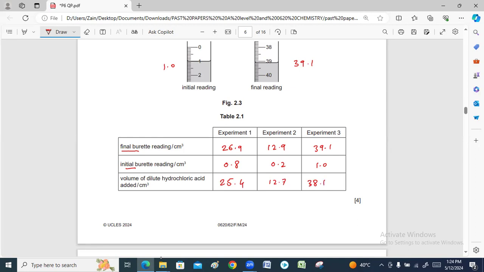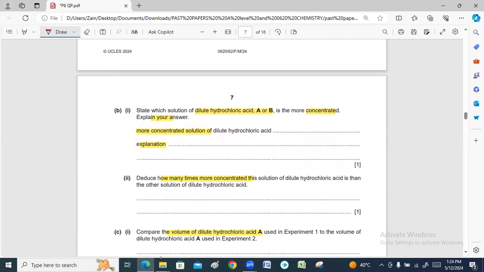So these are the final readings. These two experiments are with A, and this experiment is with B. Both are HCl. In experiments A and B, dilute hydrochloric acid is taken. Okay, so let's move to the next part.